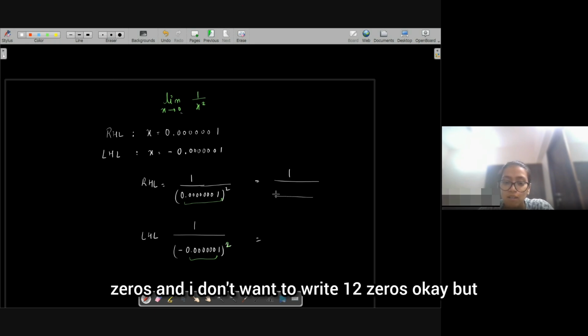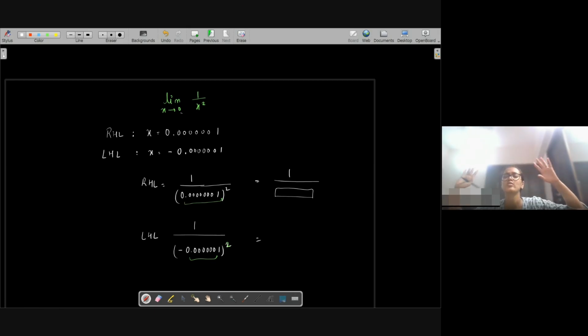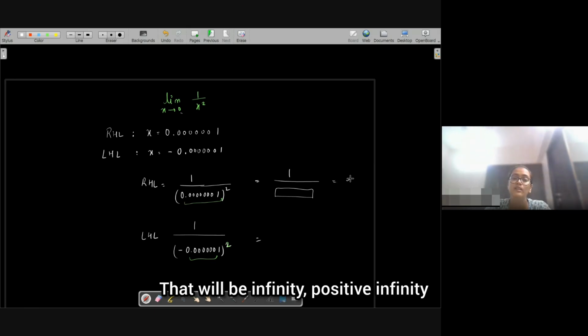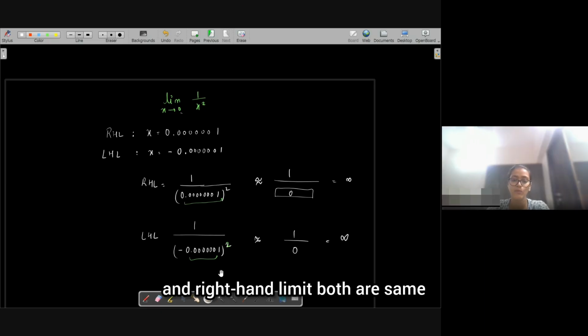So this will be 1 over 0.0000, a very small number, which will be positive infinity. 1 over approximately 0. This will be exactly the same number, so that will also be infinity. Infinity is a very big number. Okay, so your left-hand limit and right-hand limit are both the same.